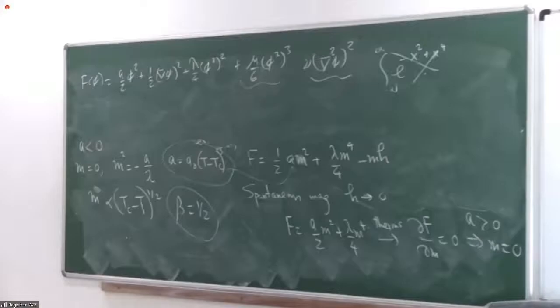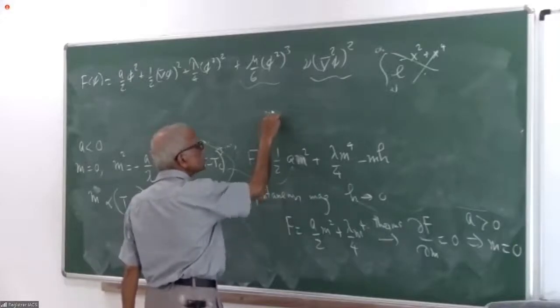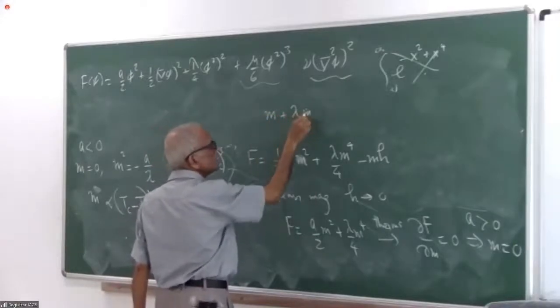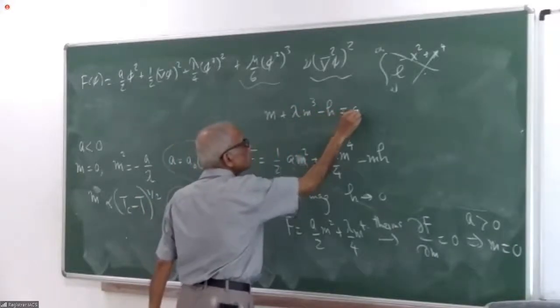So the minimization condition, if I have a small external field, becomes a m plus lambda m cubed minus h equal to 0.